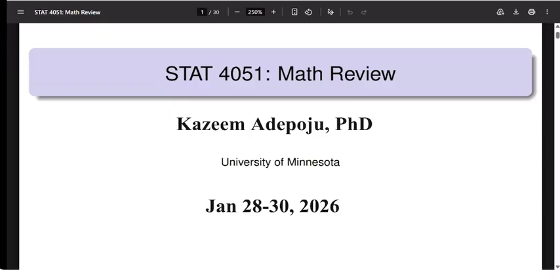Let me tell you this, every algorithm, every statistical model, they are mathematical statements, okay? And of course, if we really want to understand the way the algorithms and statistical machine learning models work in general, in order for us not to be misled, we need to get ourselves familiar with math review.